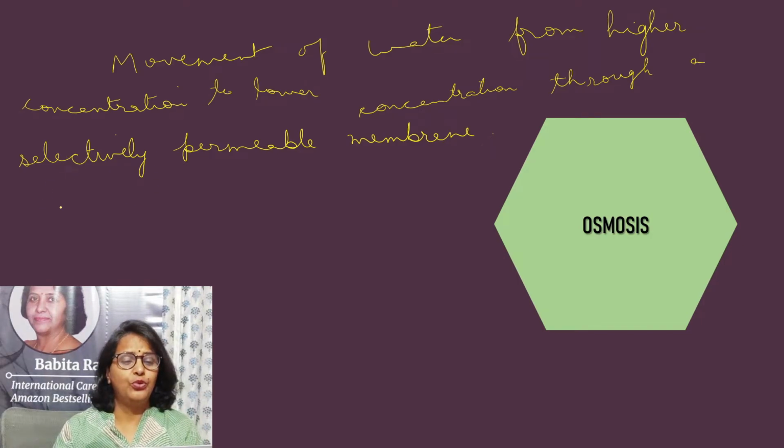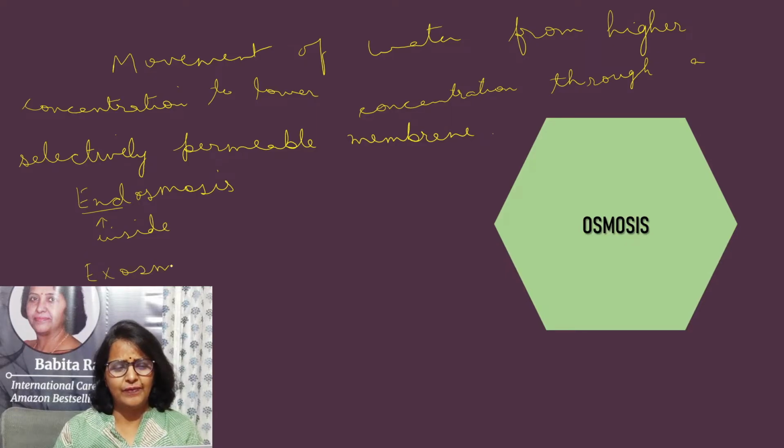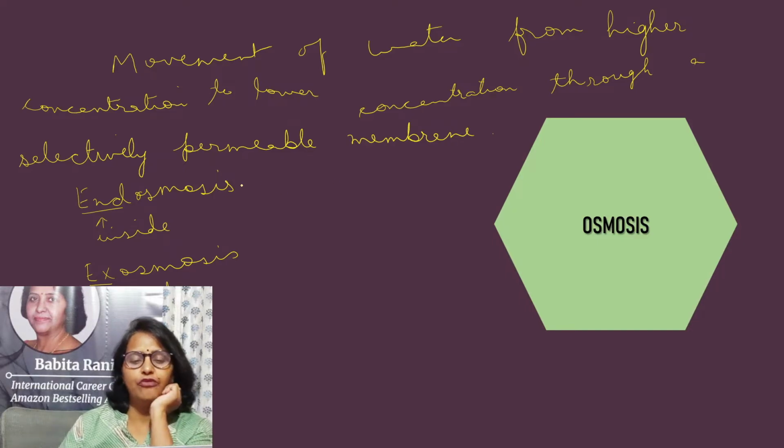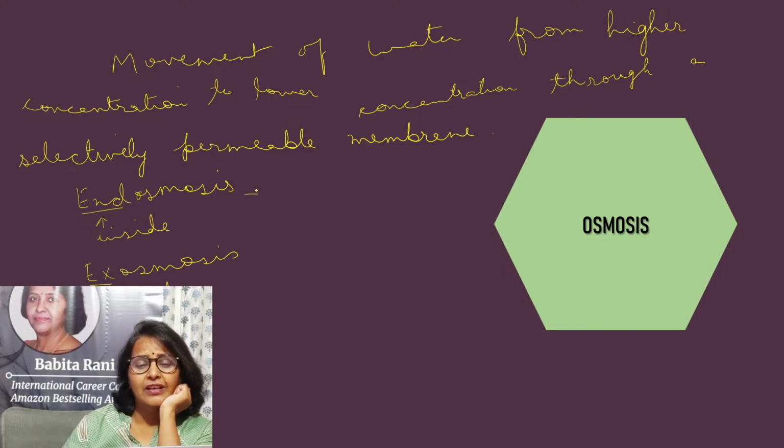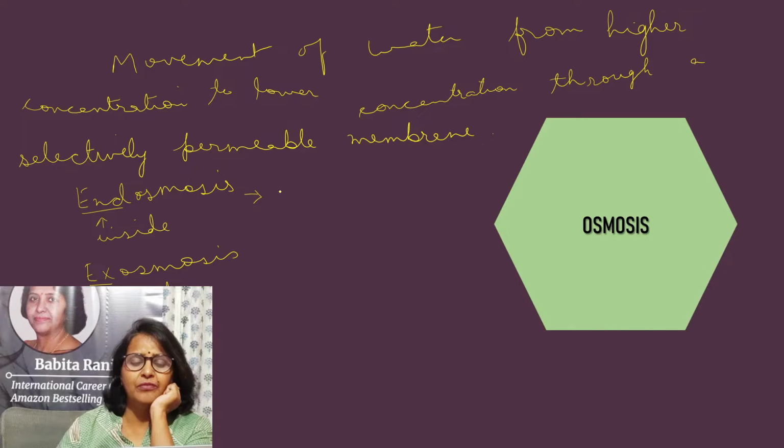It can be of two different types: endosmosis, endo means inside, and exosmosis, exo means outside. So, if water moves from some medium into the cell, it is called endosmosis.